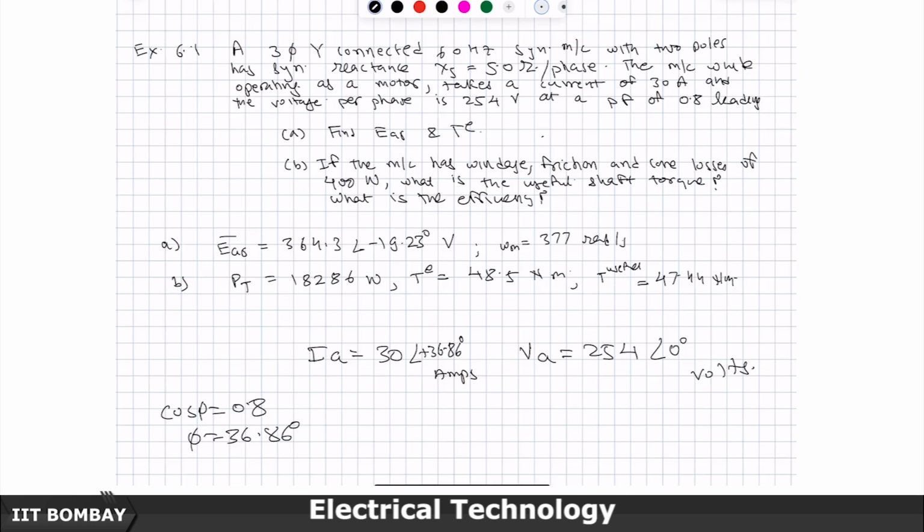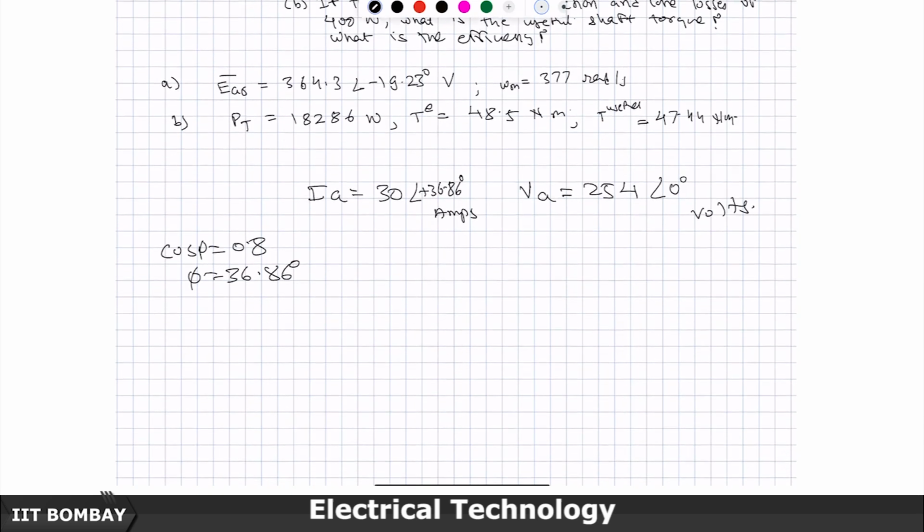So, find EA and TE, that is the first question, and if the machine has windage, friction and core losses of 400 watts, what is the useful shaft torque, what is the efficiency, that is the other question. So, what is our equation?